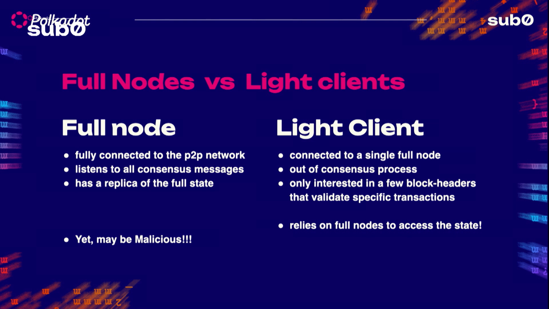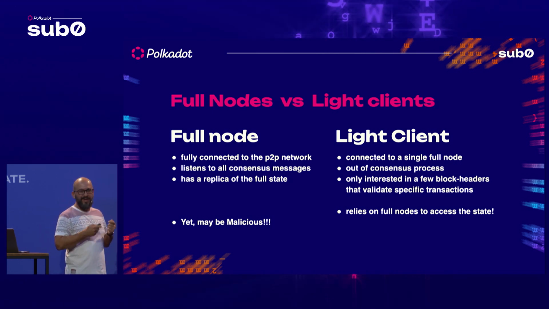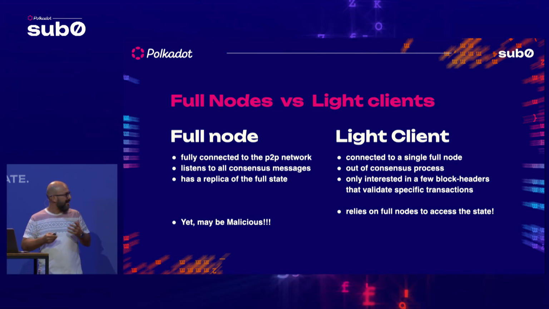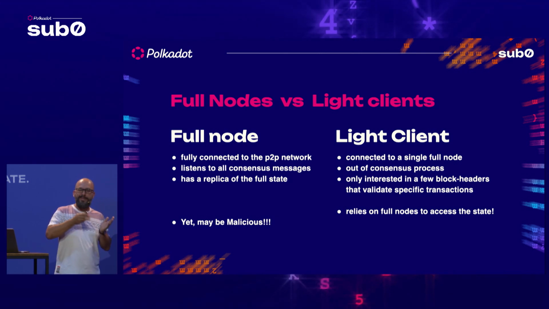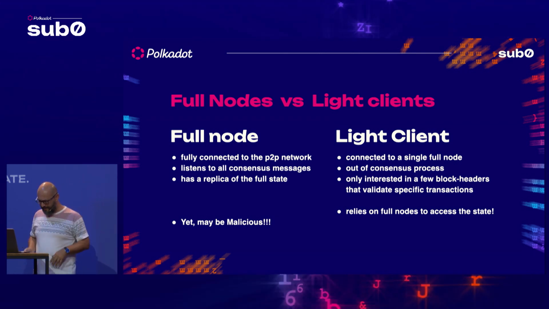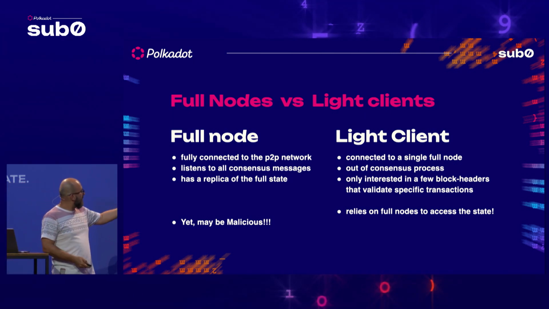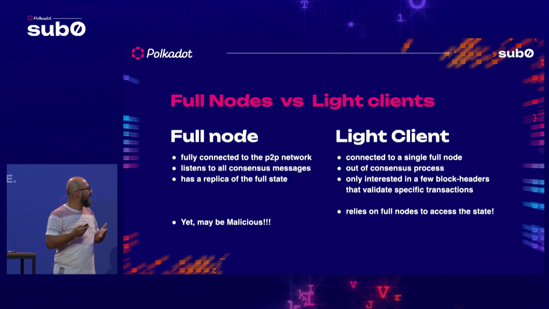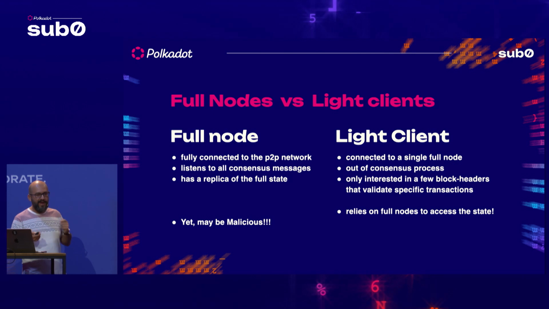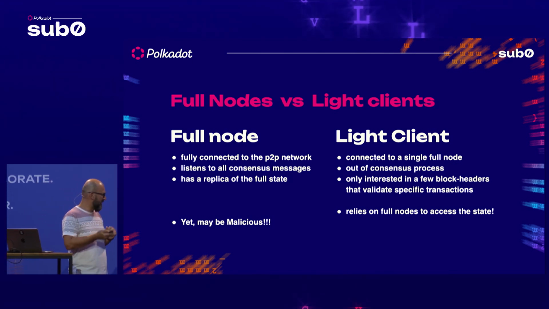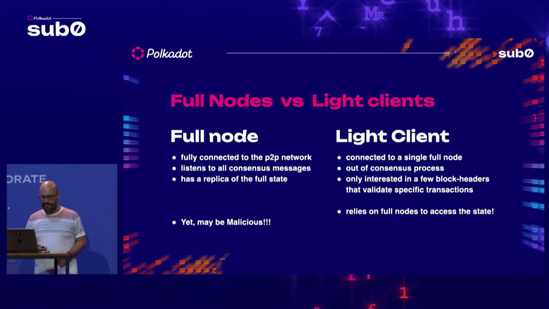A full node also has a replica of the full state, while the light client is only interested in very specific block headers that can be used to validate some specific transactions, right? In any case, the light client needs to rely on a full node to access the state. And we have this issue, which we are going to discuss a little more, that a full node may be malicious. We cannot trust it.